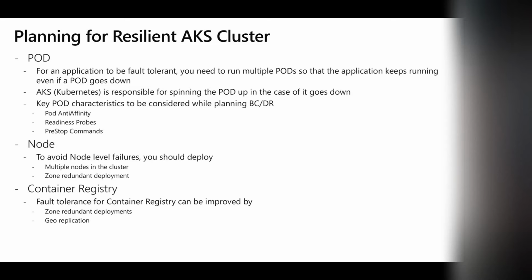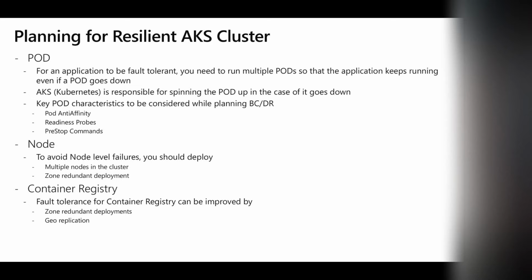What you can do is run multiple pods for your application. But let's say it schedules both pods on the same node. If that node goes down, both pods are down. Once again, your application is down until AKS finds another node to run those pods.